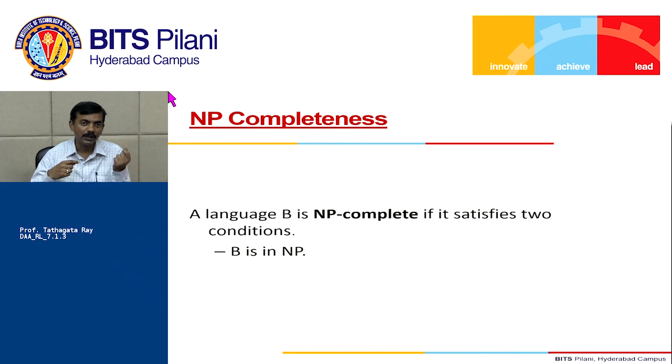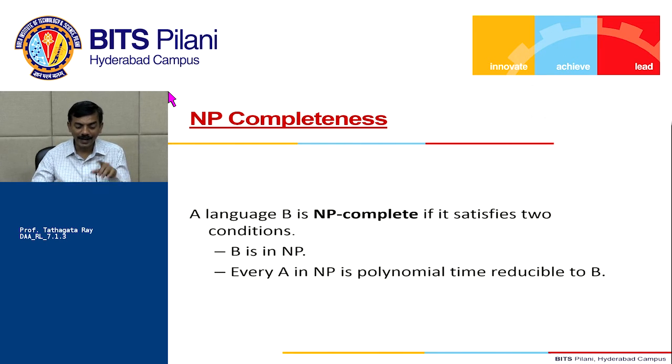Given a particular input instance and a certificate, can you verify it in polynomial time? If you have a polynomial time verifier for that language, you got a problem in NP. So B is in NP. First thing you need to show that. Next you need to show that every problem A in NP is polynomial time reducible to B.